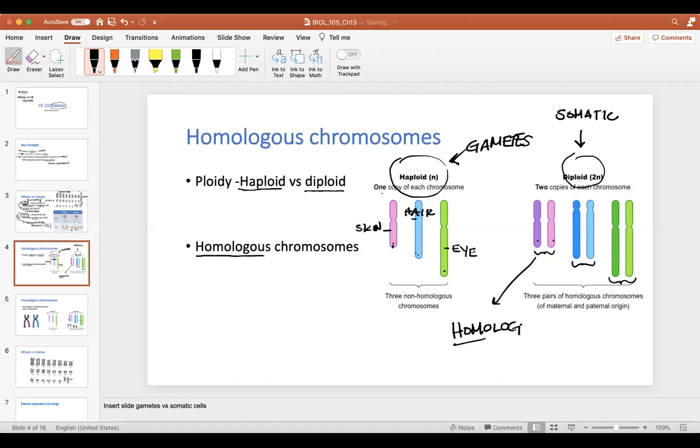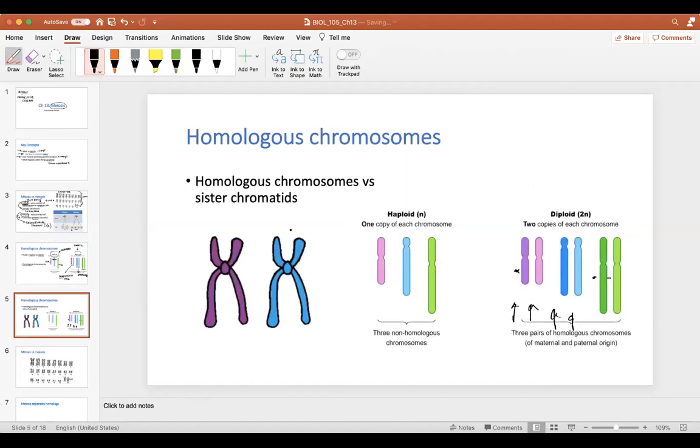So those are a homologous pair. That's a homologous pair. 2 copies of the blue, these are homologs, or a homologous pair. Those are synonyms. And here we have 2 copies of the green, also homologs or a homologous pair. All right.